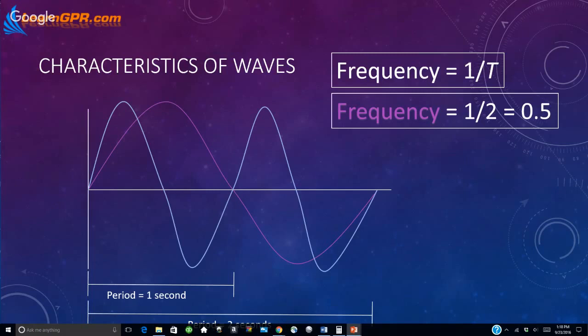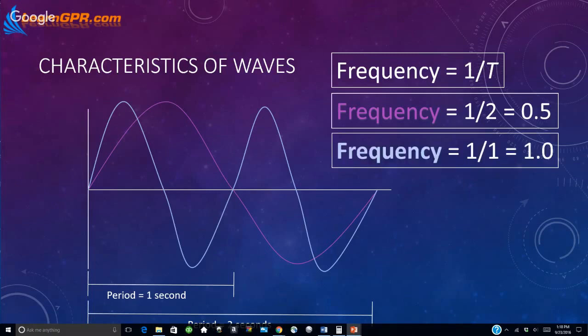Next question, what's the frequency of the blue wave? Well, 1 divided by 1 is, you guessed it, 1. So the blue wave has a frequency of 1. The final question in this sequence is, which wave has a higher frequency? I know it's really simple, and I know I'm driving this point home, but the reason I'm doing it is because this is fundamental to understanding how deep your GPR can see, how deep it can prospect, how deep it can image in the subsurface.